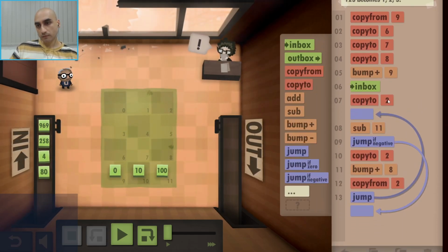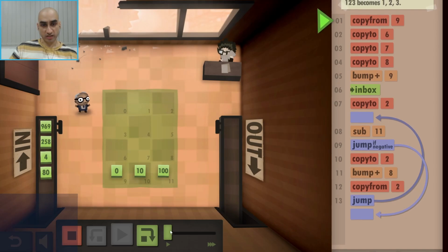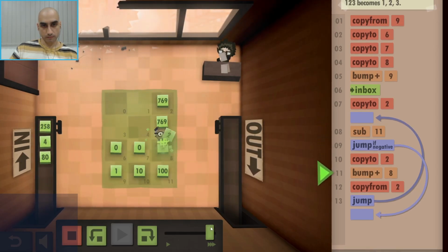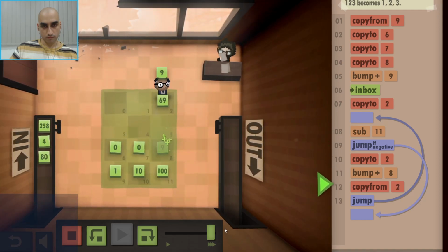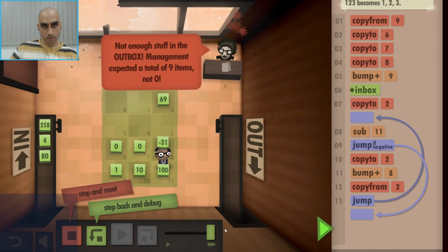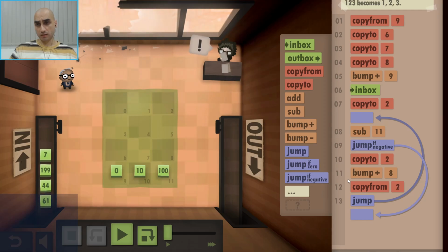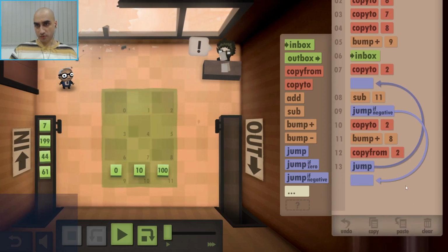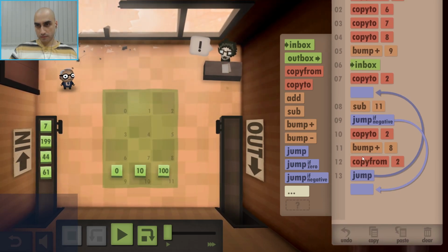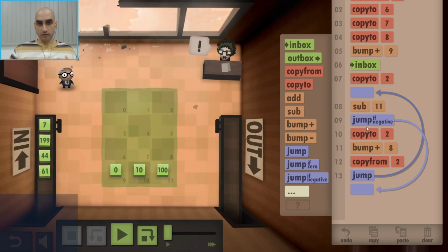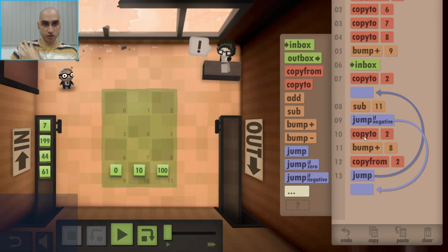Alright. Let's check that works. Okay, so now we've got the hundreds. Now we just have to repeat this process. So we have to say... So we've now got a number which is strictly less than 100.